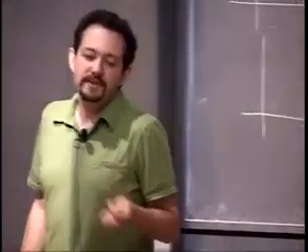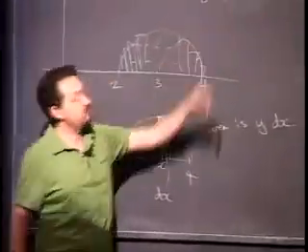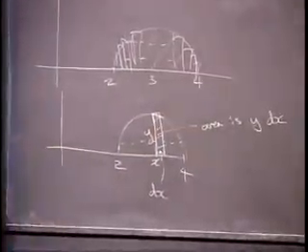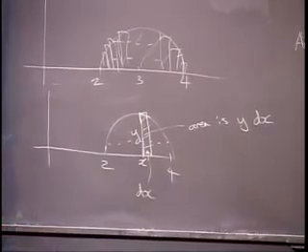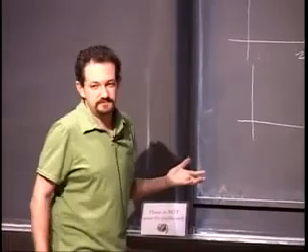So basically, the name of the game, at least for finding areas, is if you can find the area of one strip, which in this case is y dx, where y is given by whatever your function is, then you can get the complete area by putting a definite integral in front of it, and then actually doing the integral.